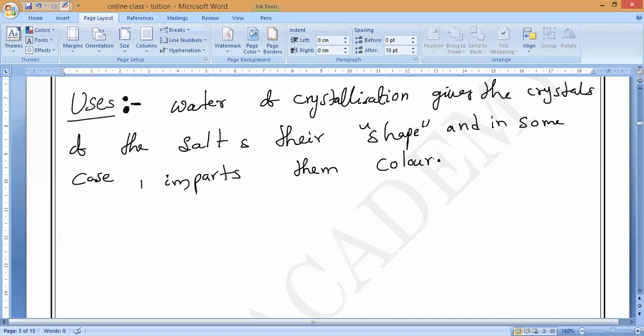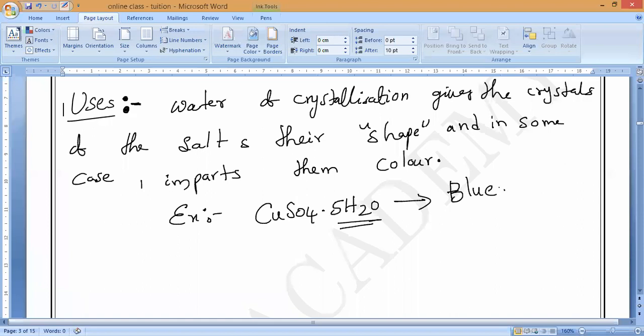Understand, all of you? Now let us take an example. The presence of water of crystallization in copper sulfate crystals imparts them which color? Blue color. Because of water of crystallization, it appears blue. Is it okay, guys?